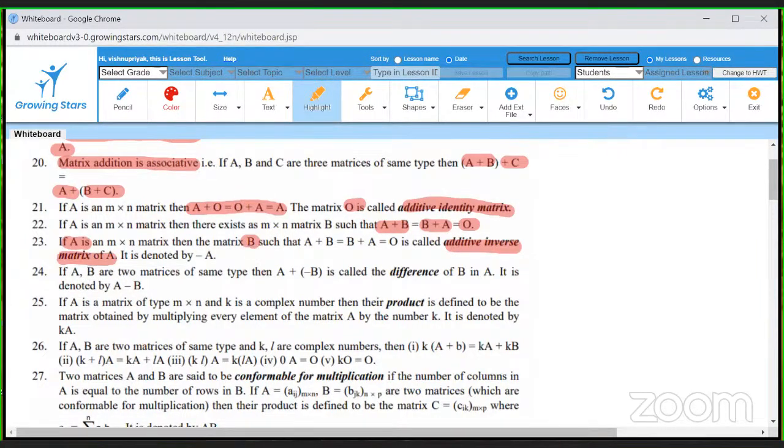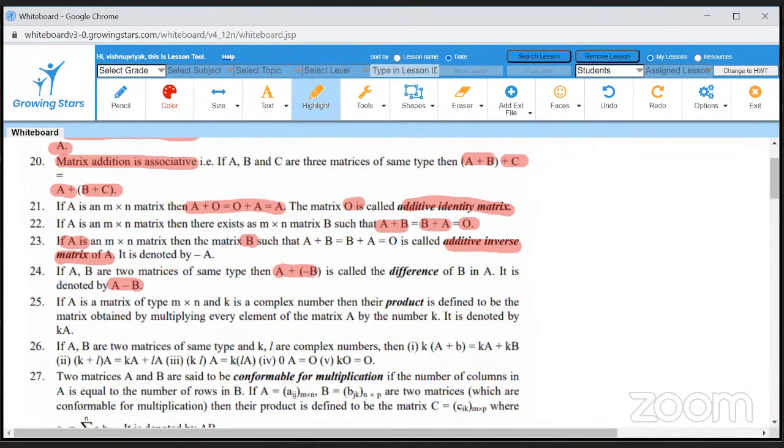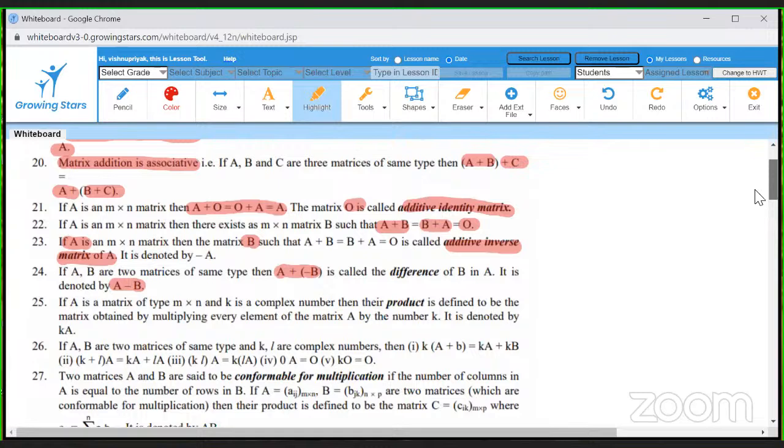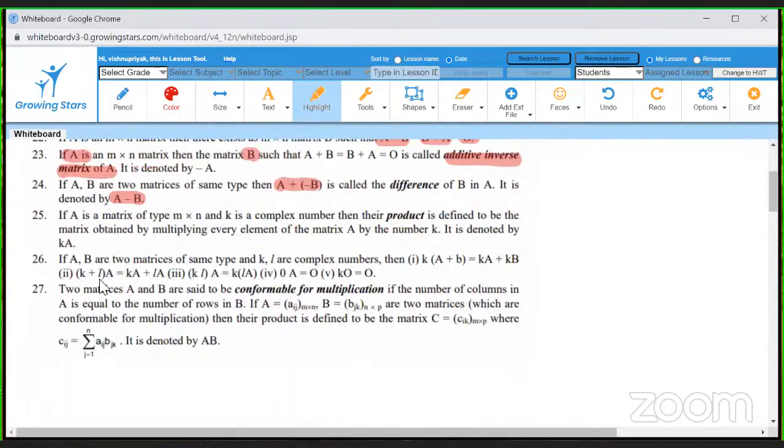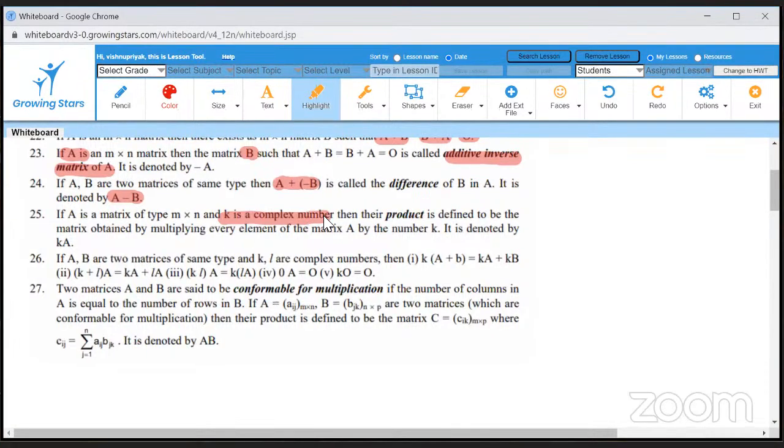In either case, you can say that. A minus B can be written as A plus minus B. Next, product. If K is a complex number and A is a matrix, you can multiply K and A. How?